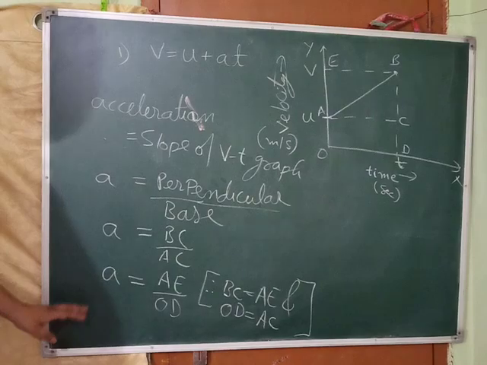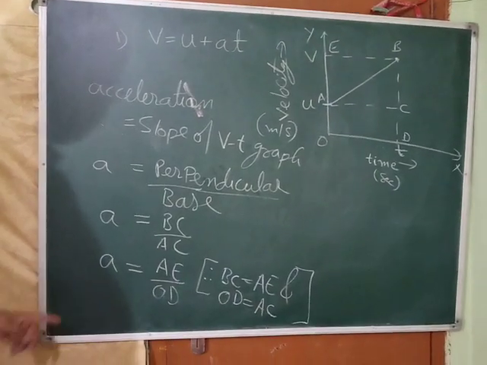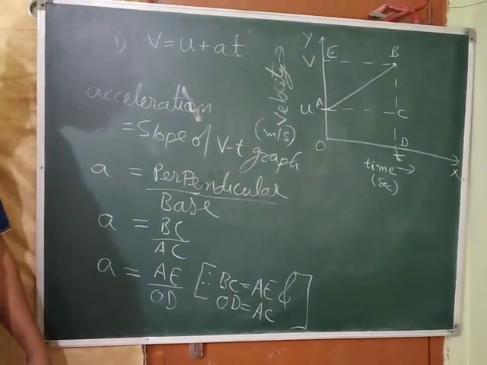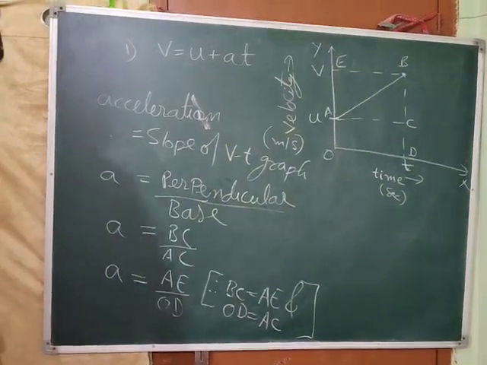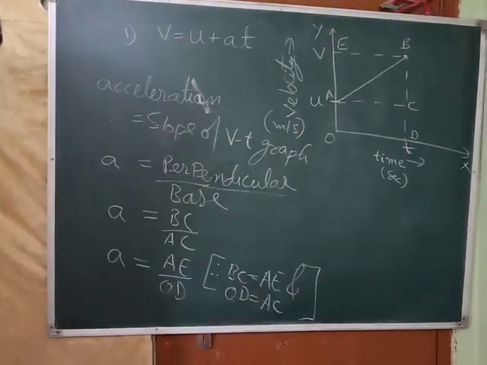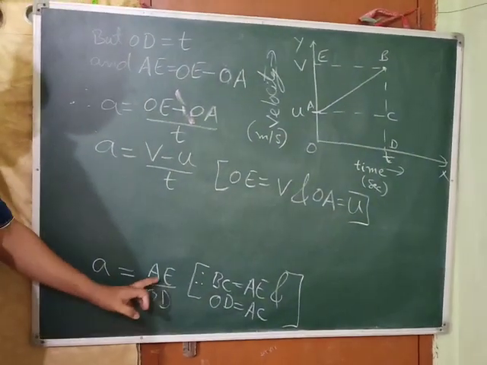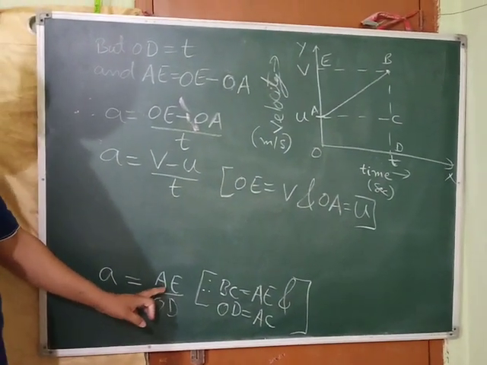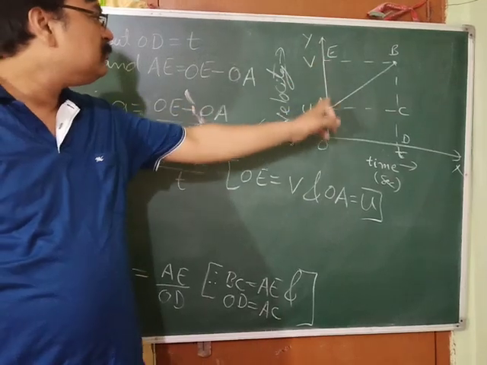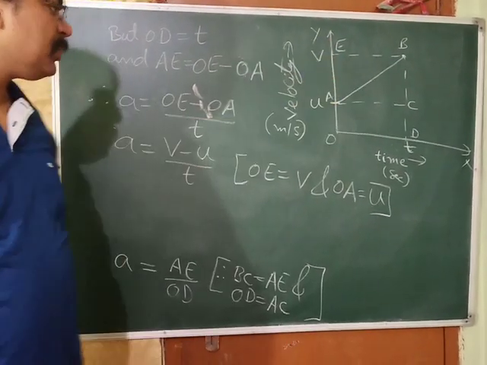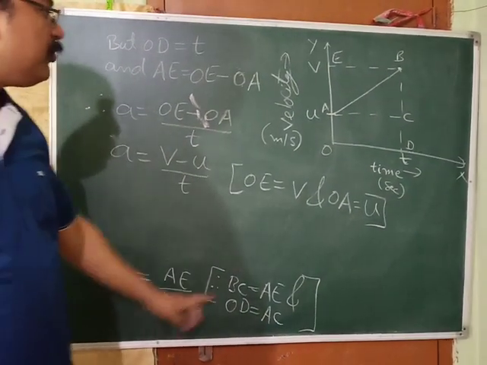Now once we have written this, we can move ahead. Now see, as we got A is equal to AE by OD. Do we know the value of AE? No. Do we know the value of OD? Yes.